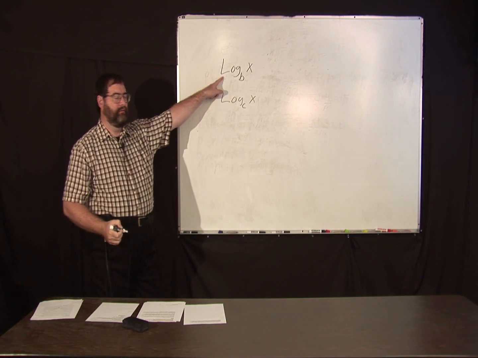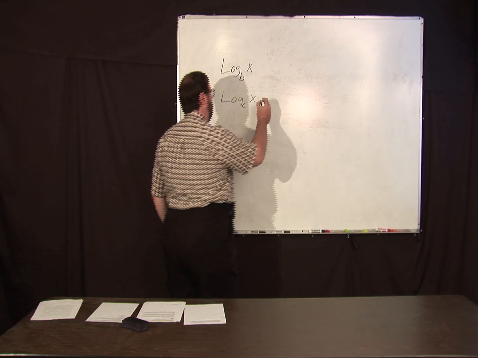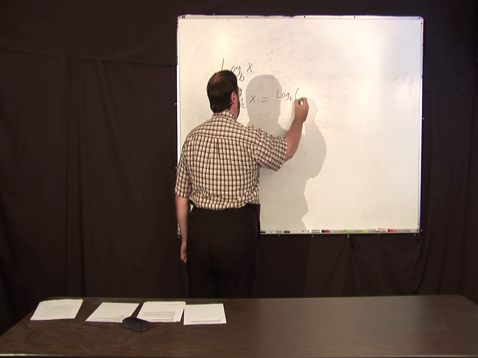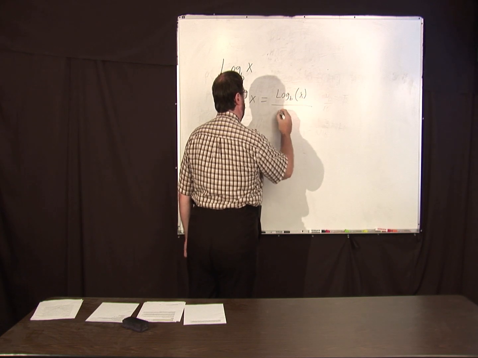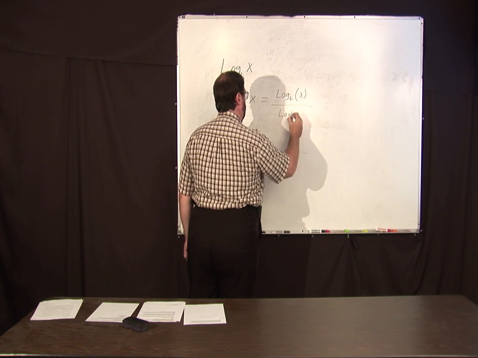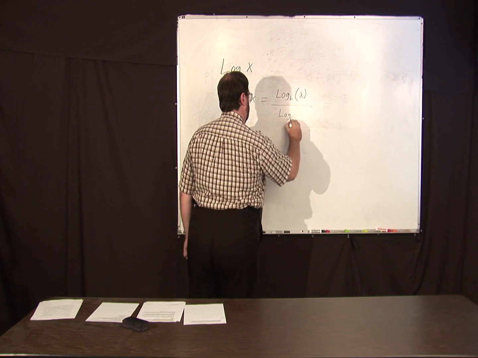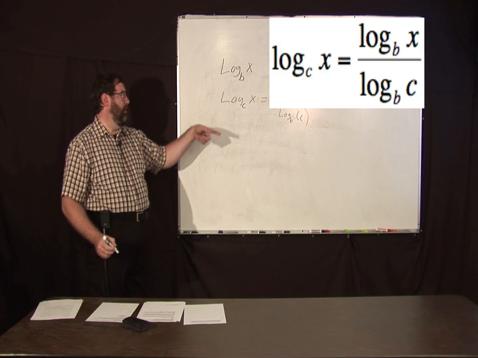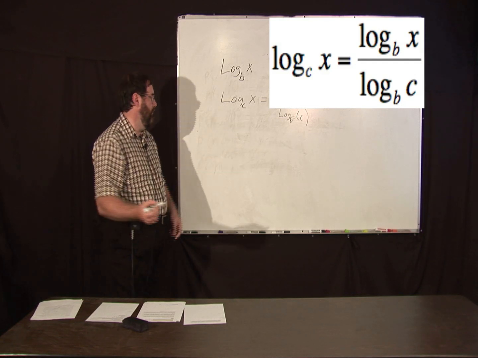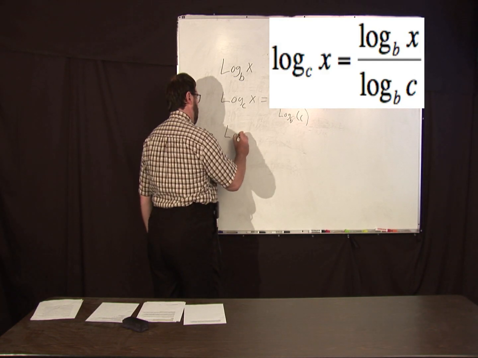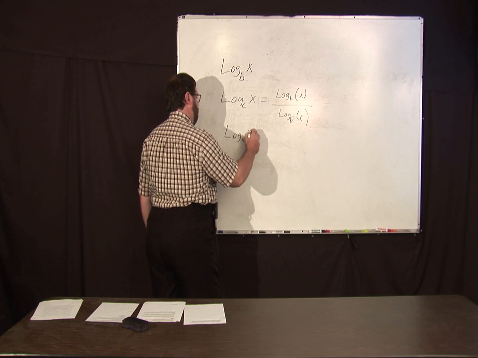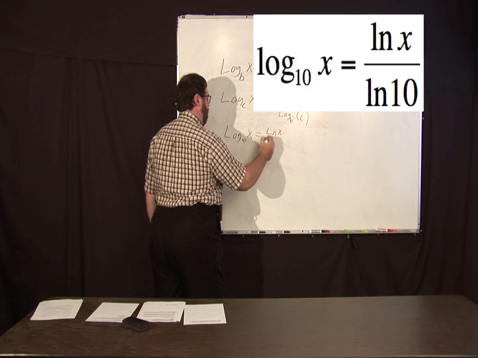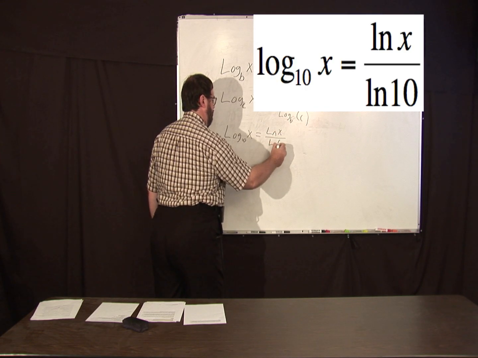It's easy. You take the log base b of x and divide it by the log base b of c. So if you want to go from the natural log in particular to log base 10, log base 10 of x equals ln of x divided by ln of 10.